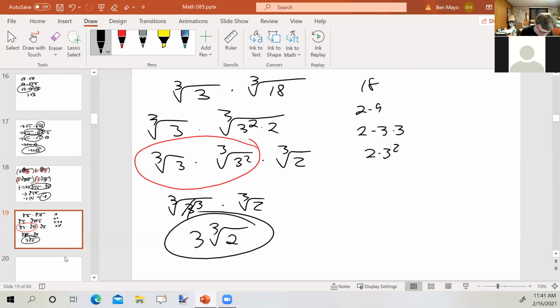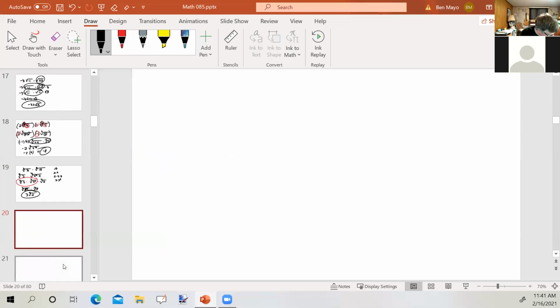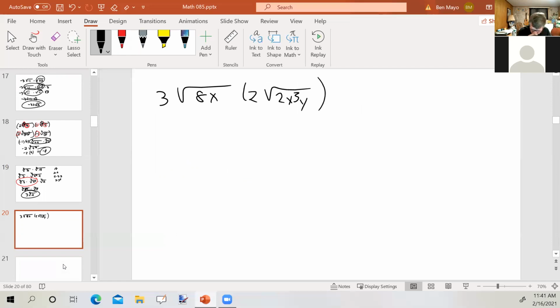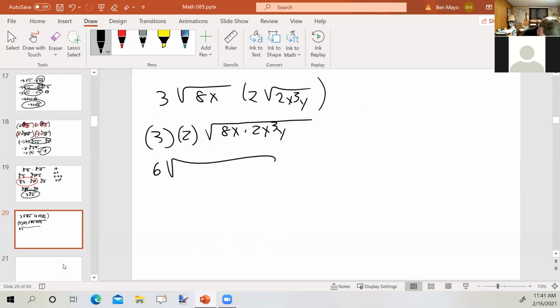All right. How about, let's see here. How about this one? 3 square roots of 8x times 2 square roots of 2x cubed y. So that would be 3 times 2 times the square root of 8x times 2x cubed y, which would be 6 square roots of 16x to the 4th y, which would be 6 times the square root of 16 is 4.